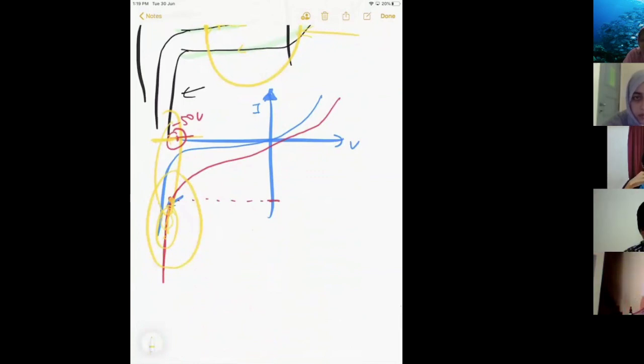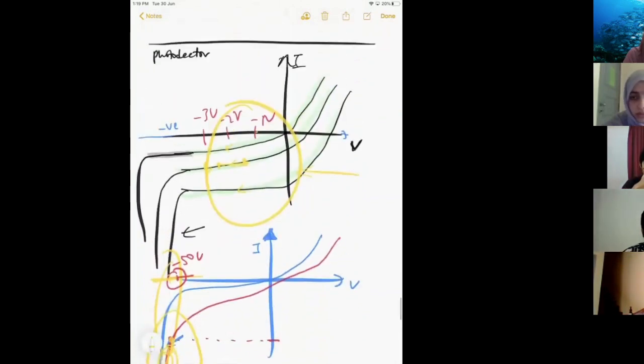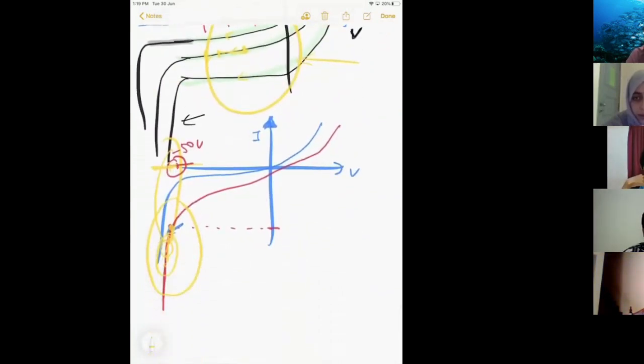Do you understand? That's how you get extra. So for example, this is an avalanche photodetector. I can bias it and use it in this region, but I won't benefit from the increase in current.